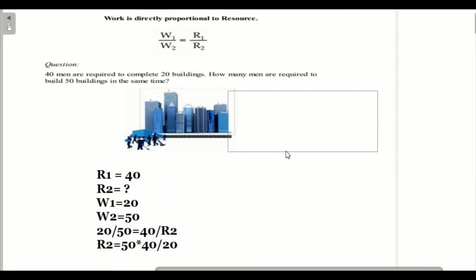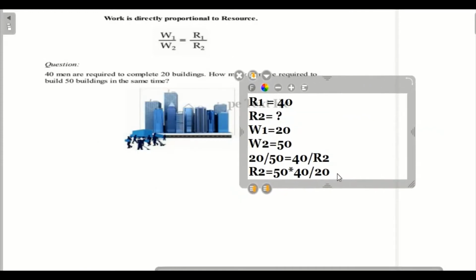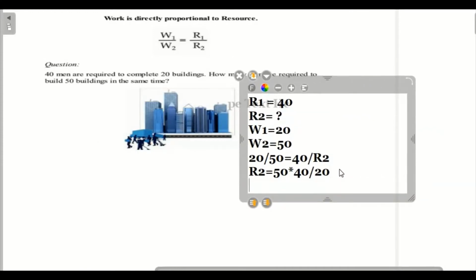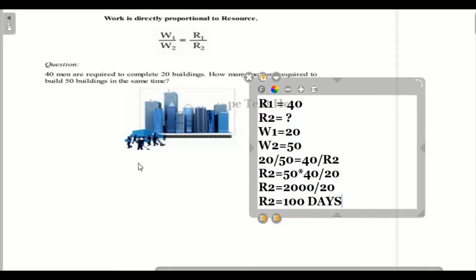Here we have the solution: R2 equals 2000 by 20, so R2 equals 100. So we need 100 employees to complete our project. In the previous question, we had the same set of employees, but we had to calculate the days.